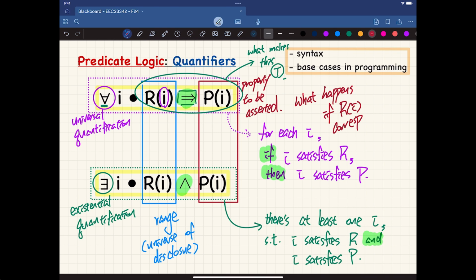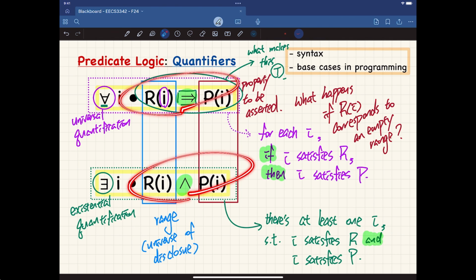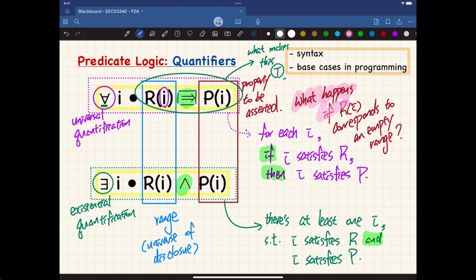That means an empty universe of discourse. What will be the consequence for this one over here, and what will be the consequence for this one? I'm going to tell you the answer on Tuesday, but before that, it will be very nice for you to figure this out yourself.